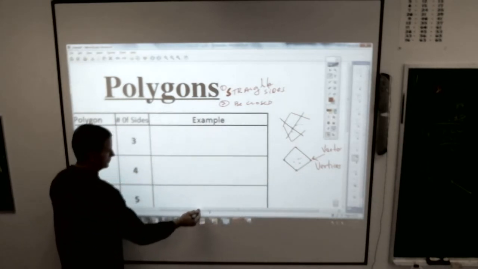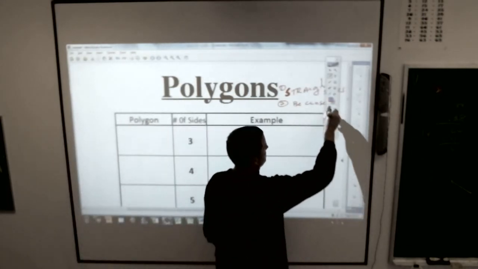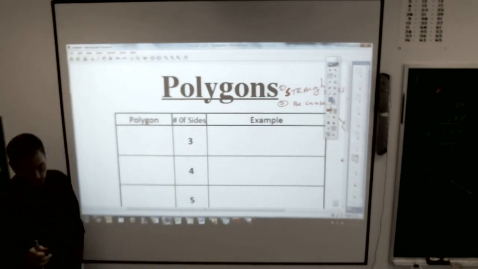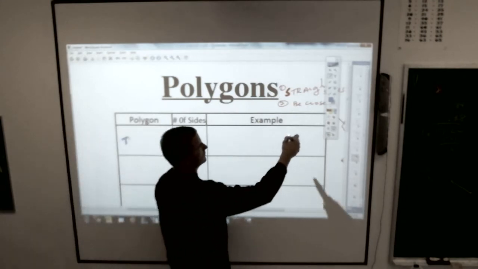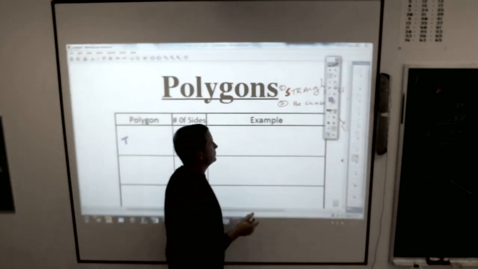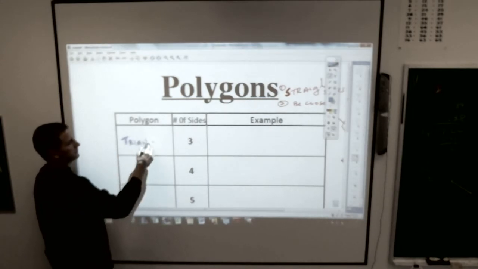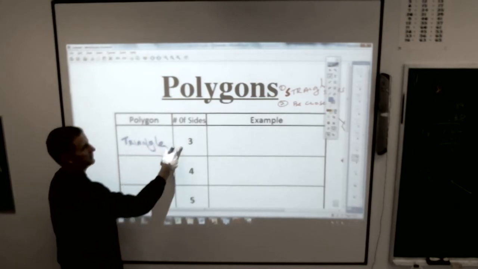Now, on to the real notes here. You pretty much know most of these. For example, a 3-sided shape is a triangle. There's one that you won't know, or you'll say the wrong thing. I won't yell at you, but you'll be wrong. So the name of our polygon is a triangle. It has 3 sides.